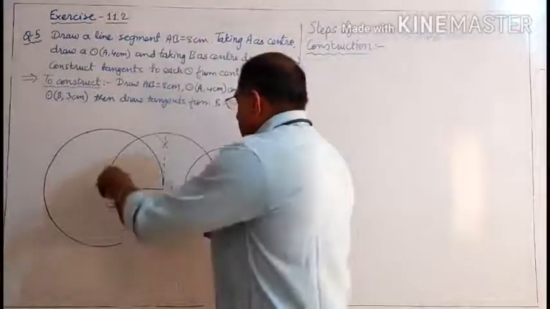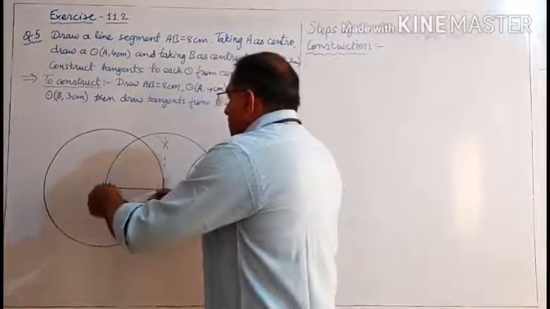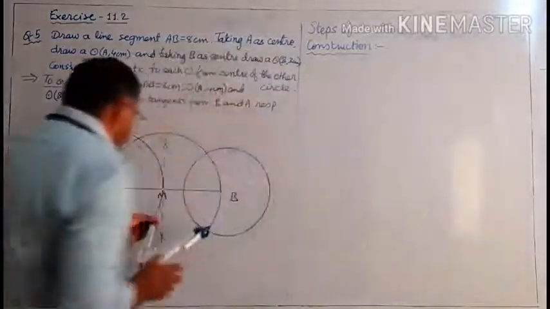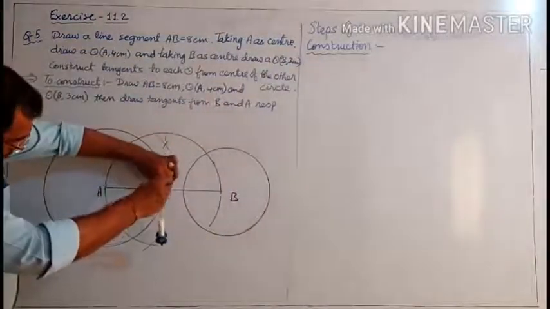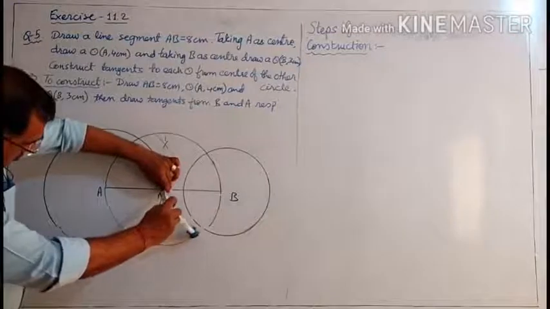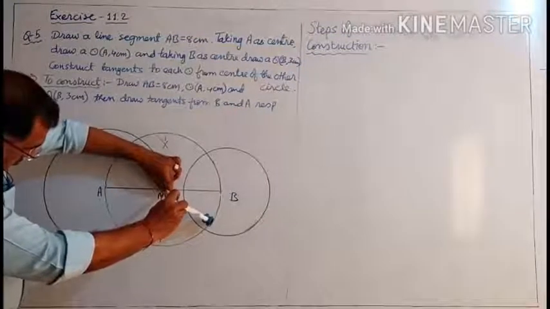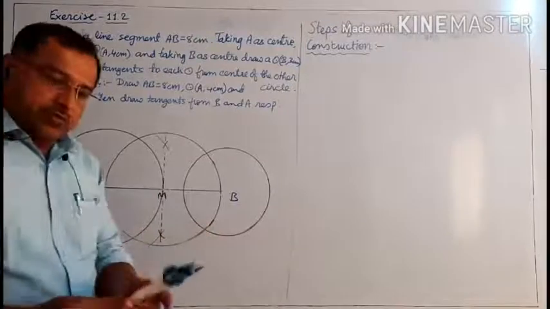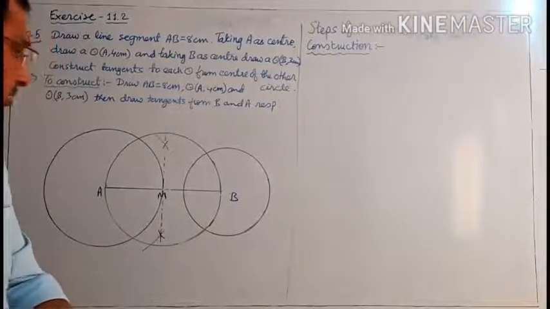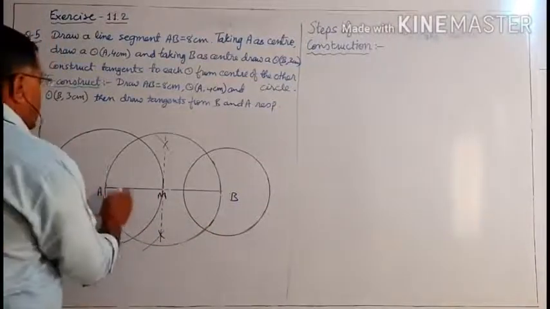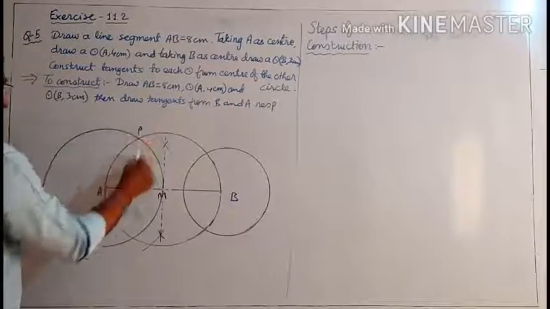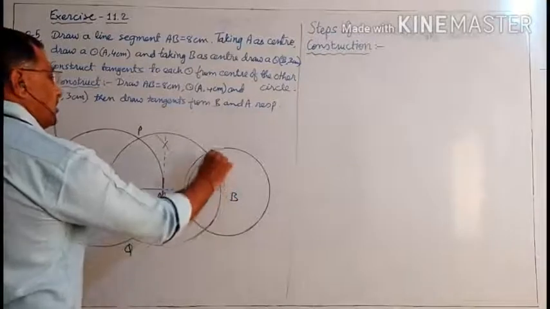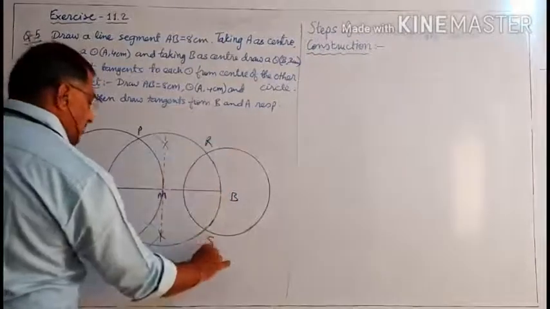So that will intersect the given circle at 2 points. You can see here that it will intersect this circle at P and Q. Same way, the circle intersects this circle at R and S.